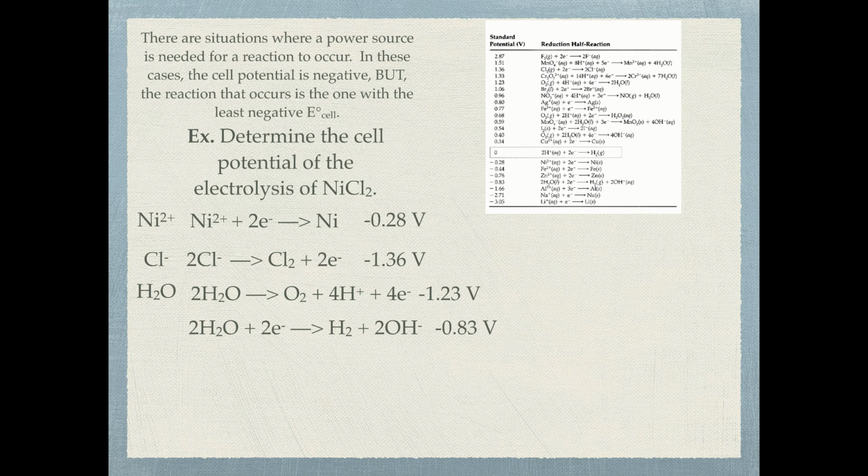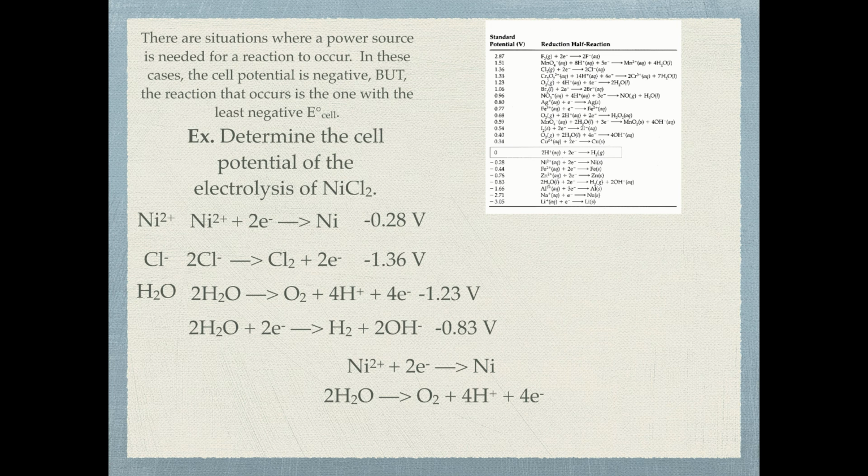If I compare my nickel and my water, the top one and the bottom one, since the nickel is less negative, that is the reduction reaction that occurs. For the chloride versus the water, since water is less negative, that's the one that occurs. So the nickel is my reduction reaction, and the water is my oxidation reaction.